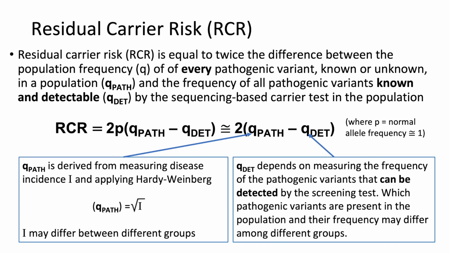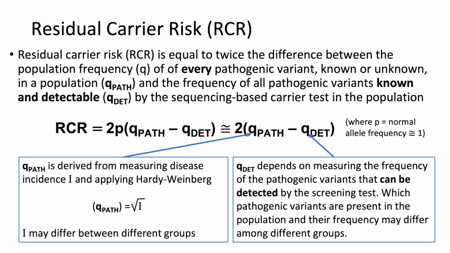How about Q detectable? Well, that depends on how much sequencing has been done in this population, how good are the measurements of frequency of pathogenic variants. Since these pathogenic variants tend to be pretty rare, they may not be in large databases such as genome-wide ones.